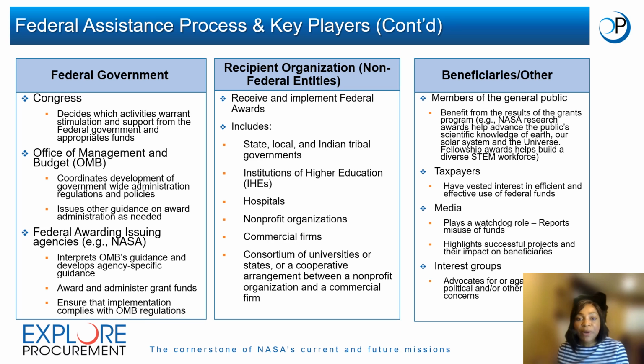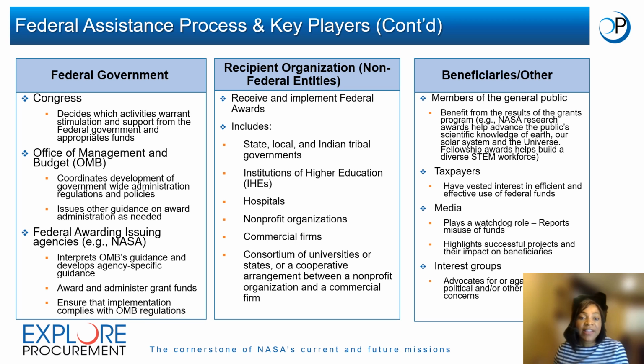Members of the general public are considered beneficiaries because they benefit from the results of award programs. For example, NASA Research Awards help advance the public's fundamental scientific knowledge of Earth and our solar system and the universe. NASA Fellowship Awards benefit the public by helping to build a diverse STEM workforce.